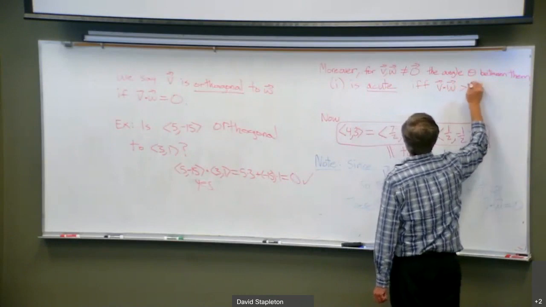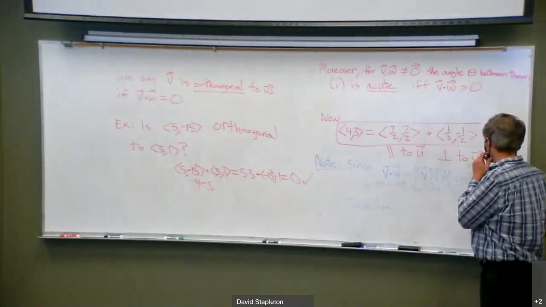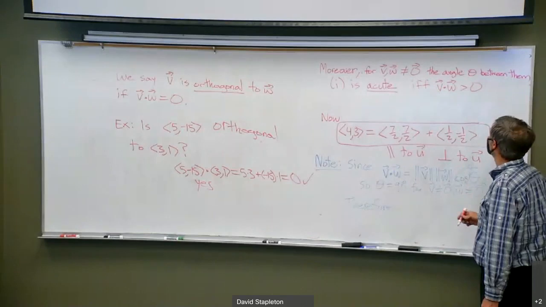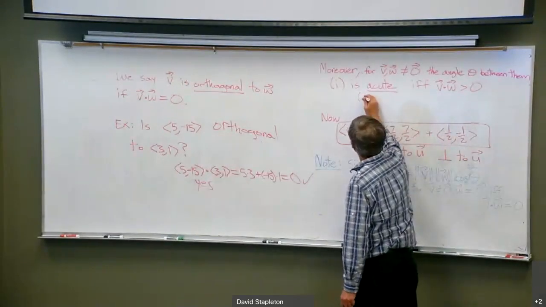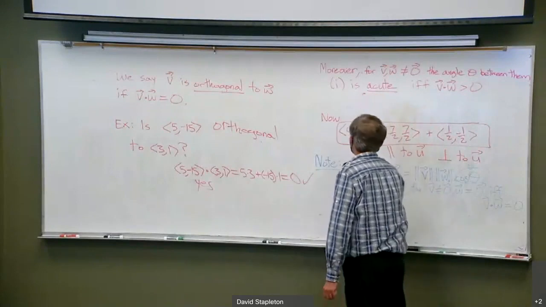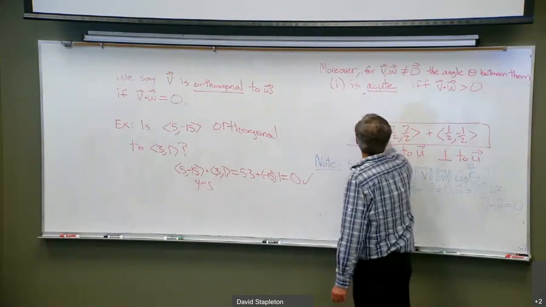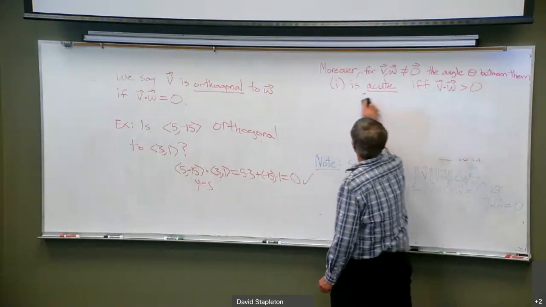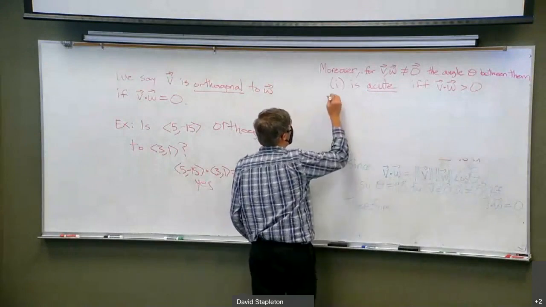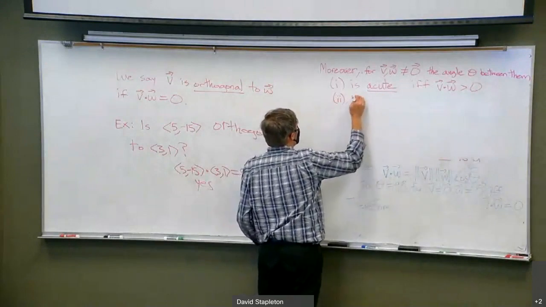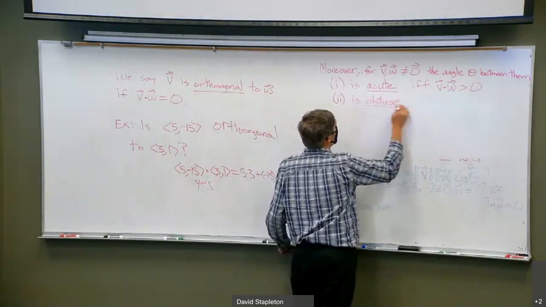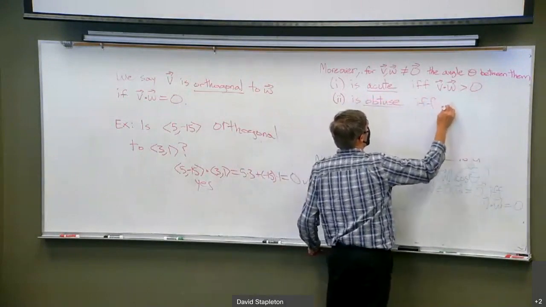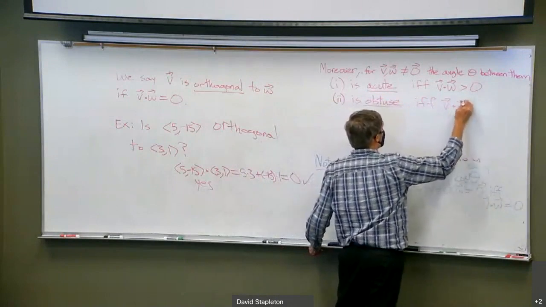How do we know that? It's again from this relationship. Let me write the theorem and then I'll write the derivation here. So it's acute if and only if the dot product is positive. It's obtuse, meaning bigger than 90 degrees, if and only if V dot W is negative.